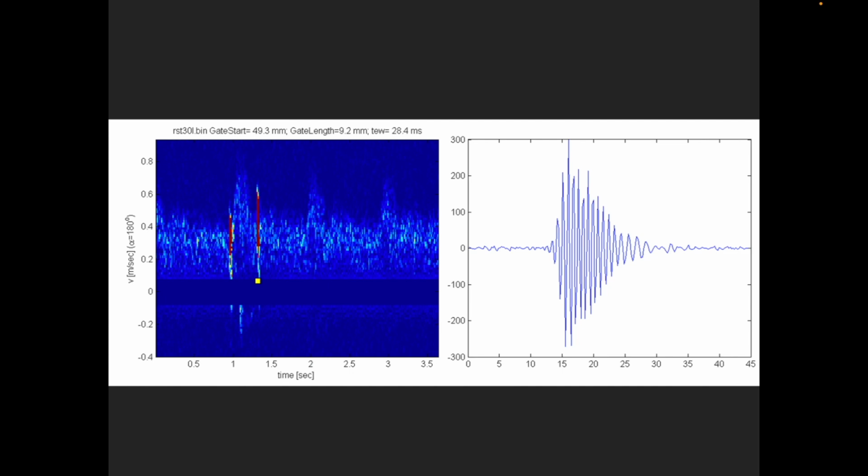The biggest difference between the time domain and the frequency domain signal, however, is on the y-axis. Whereas in the FFT the y-axis gives the Doppler shift frequency or velocity, the y-axis in the time domain signal gives the intensity.